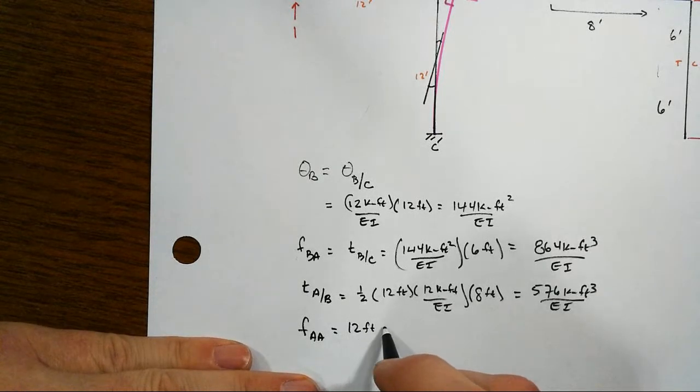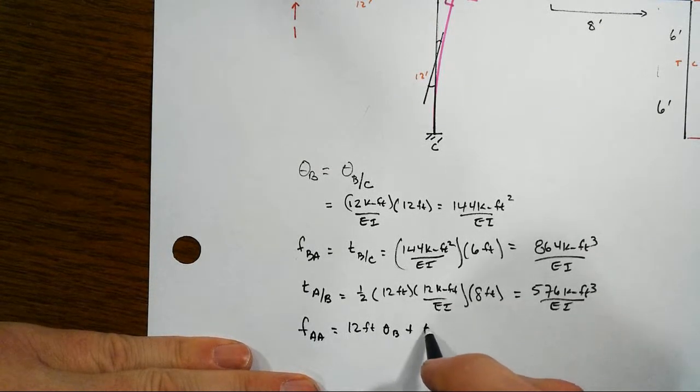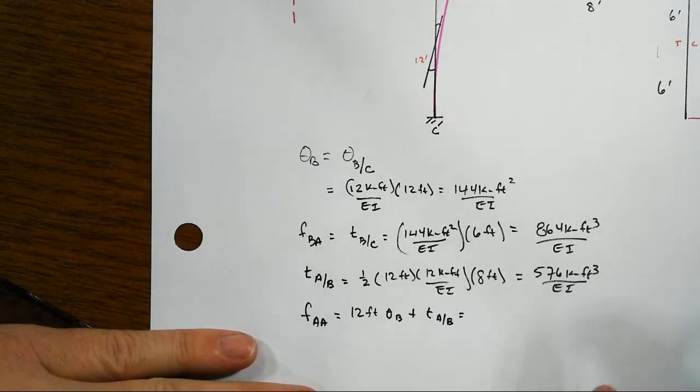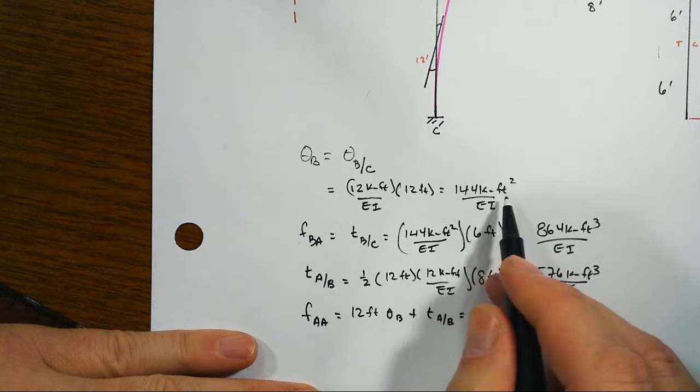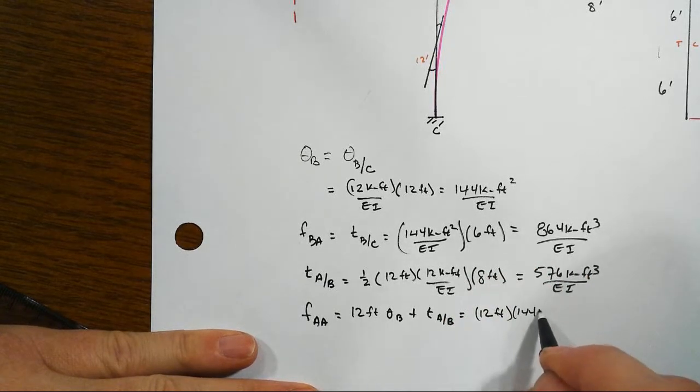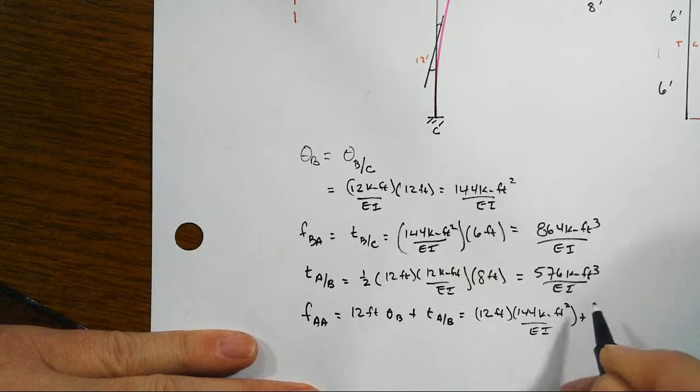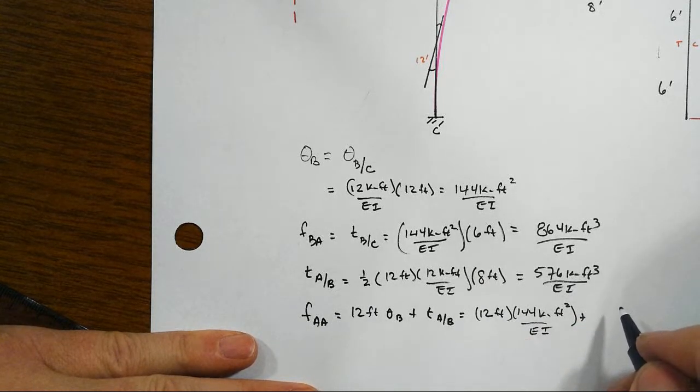So 12 feet times theta B plus our tangential deviation of A with respect to B. And we've got numbers for those now. That's 12 feet times the 144 kip-foot squared over EI, plus what we just found for the tangential deviation of A with respect to B, which was 576.